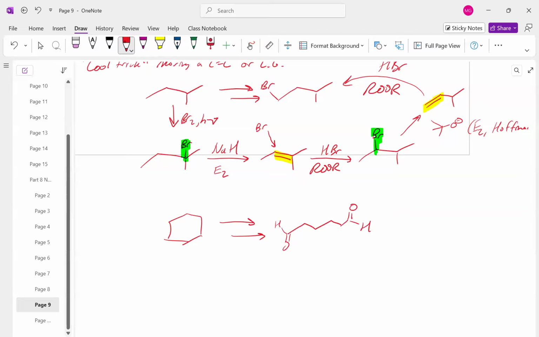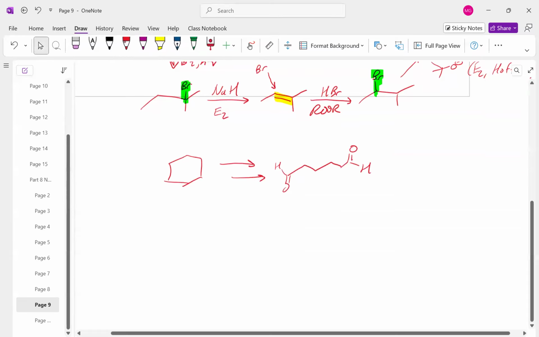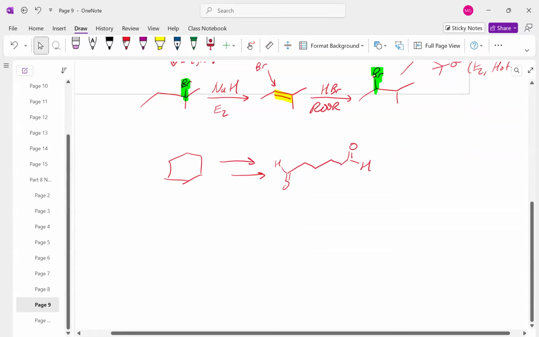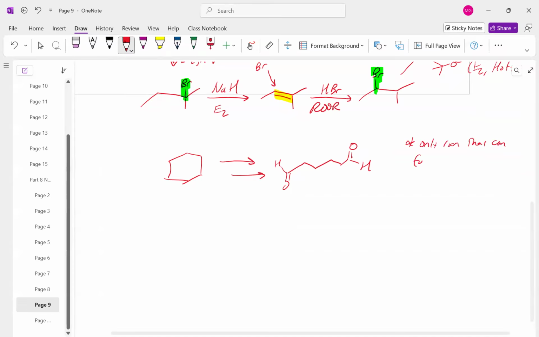What are the ones where we've gotten carbonyls out of them? At this point in time, we've only talked about one reaction that is capable of doing this. The only reaction that can form carbonyls is ozonolysis.